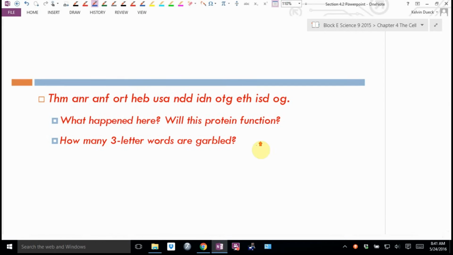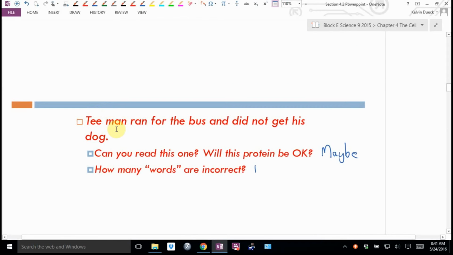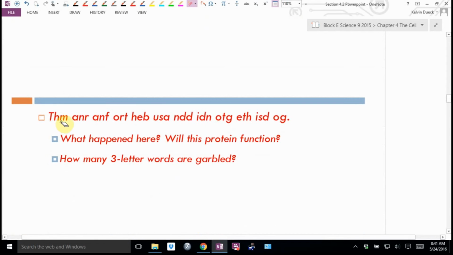Now, instead of only 1 base pair in the wrong place and everything else correct, losing a base pair means everything after the loss is now in the wrong order. And that's a problem.